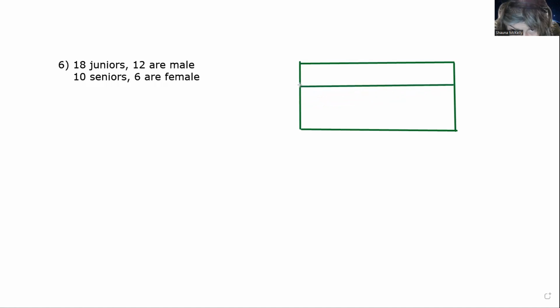Always remember to leave yourself a row and a column for the totals.